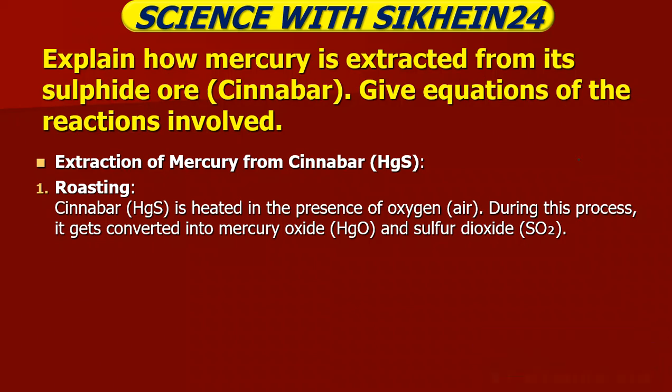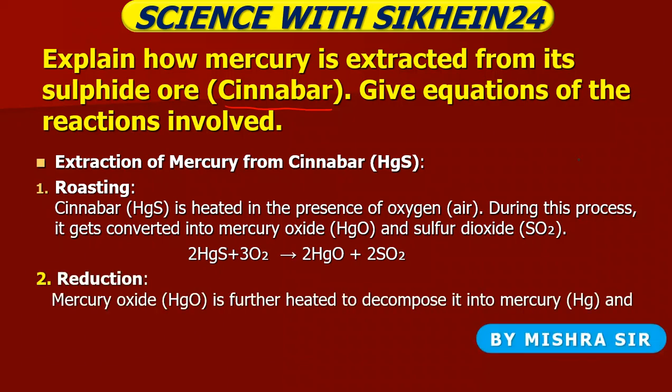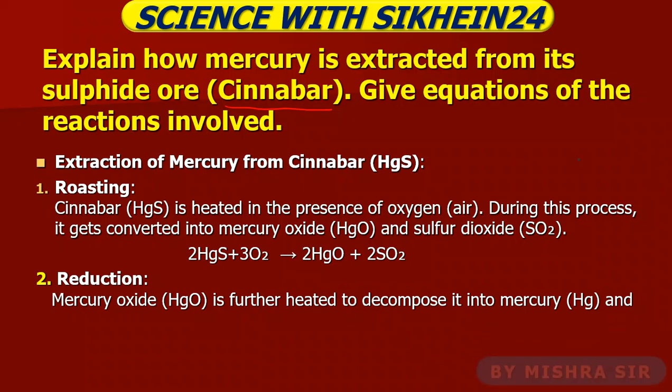During this process, it gets converted into mercury oxide and sulfur dioxide. Some call it cinnabar, right? So let's see the equation, that is cinnabar plus O2 equal to 2HgO plus 2SO2.